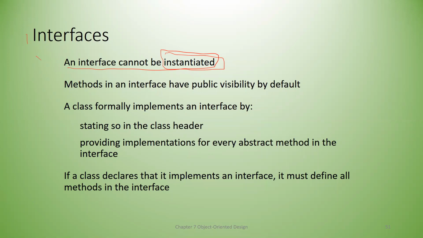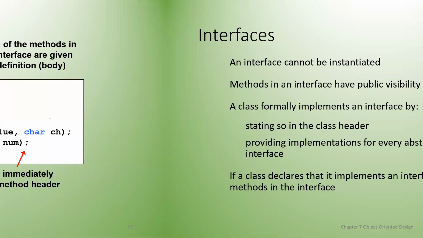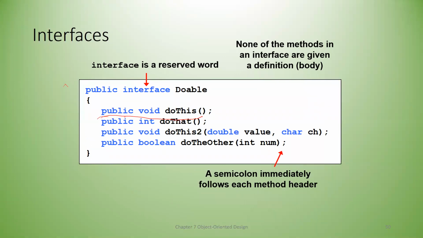Methods in the interface have public visibility by default. Even if you don't put public there, they are public. But I would recommend everybody always put the visibility modifier there, whether it's public, protected, or private.